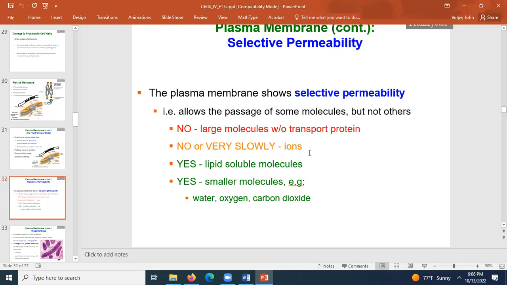A lipid-soluble molecule can pass right through the cell membrane. But if you think about it, most cells are surrounded with liquid, meaning a cell in the blood is surrounded with mostly water. And so there aren't a whole lot of lipids in the blood. But if a lipid-soluble molecule were to come up to the cell membrane, it can get right through the cell membrane.